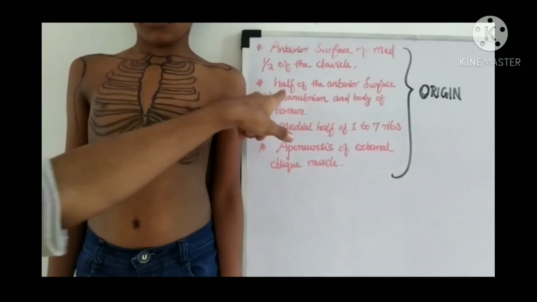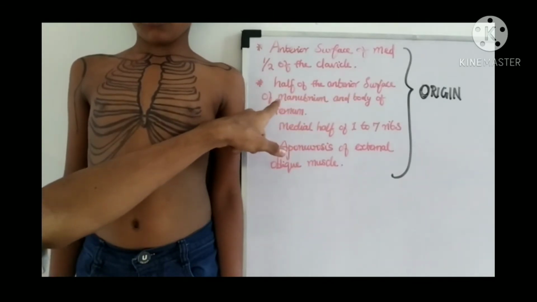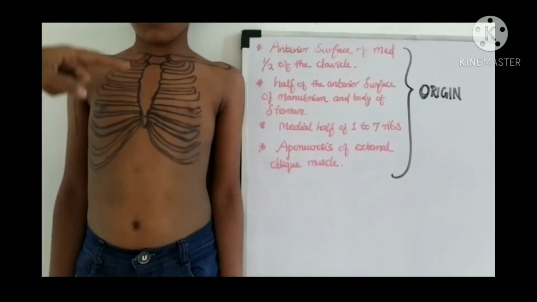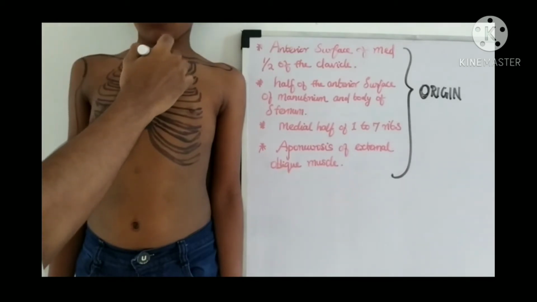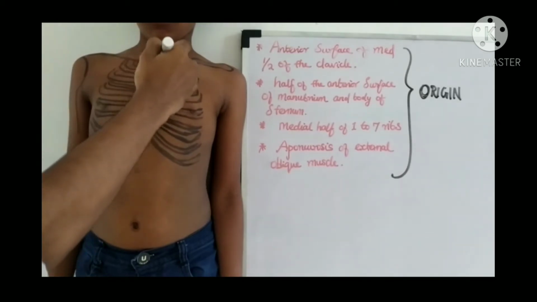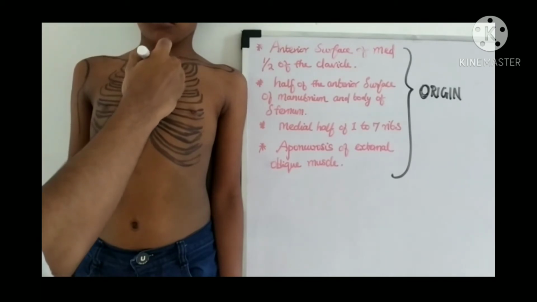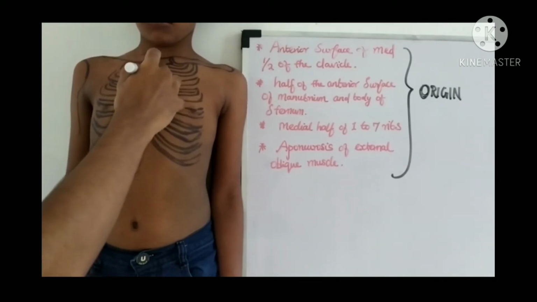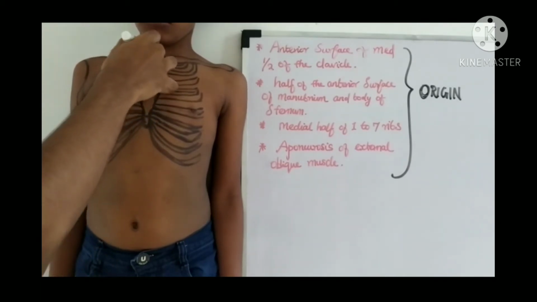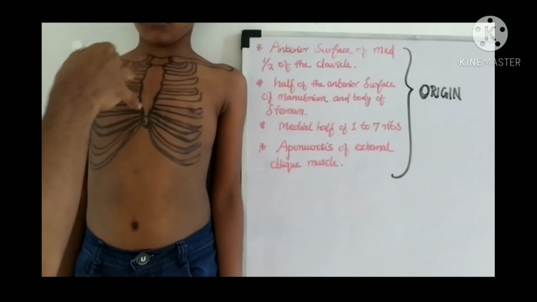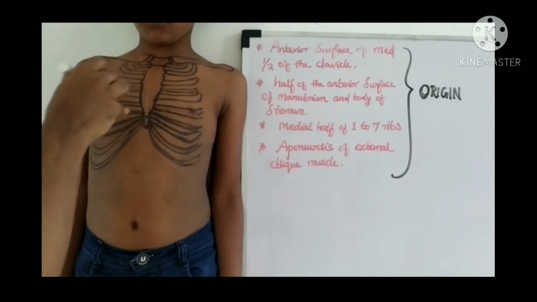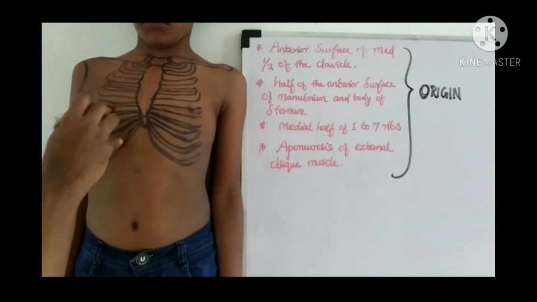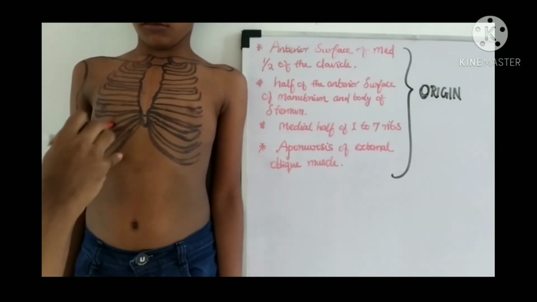Then half of the anterior surface of the manubrium and the body of the sternum. Here you have the sternum and the manubrium. This is the manubrium part and the sternum, and I am dividing it into halves. From the lateral half, the muscle also comes, like this.